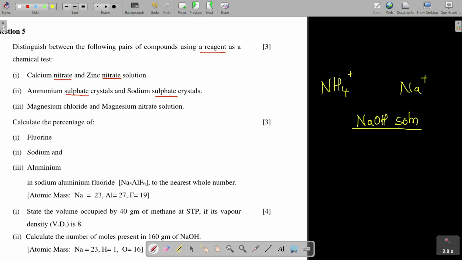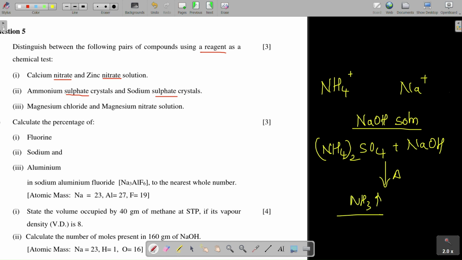In the ammonia chapter, one of the methods of preparing ammonia gas is to react a salt of ammonia with sodium hydroxide solution or any alkali. So here ammonium sulfate reacts with sodium hydroxide, and when you heat it, ammonia gas is evolved.